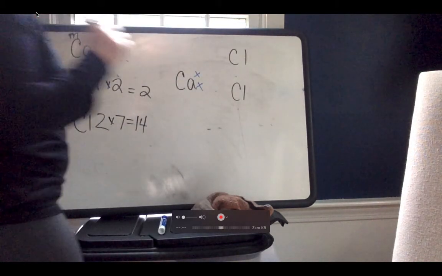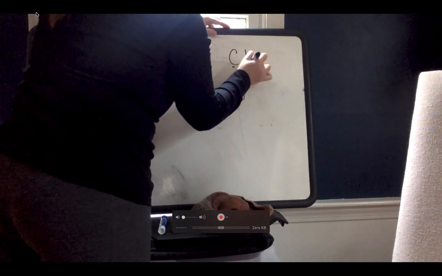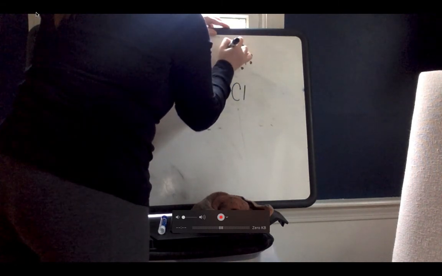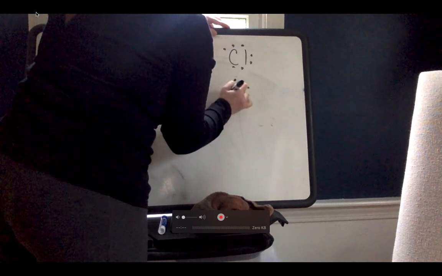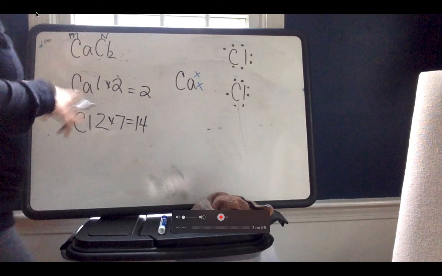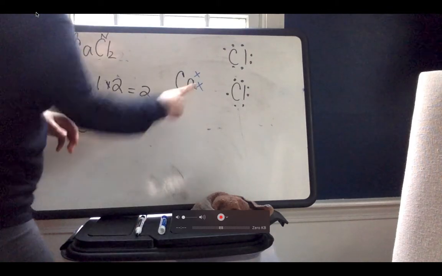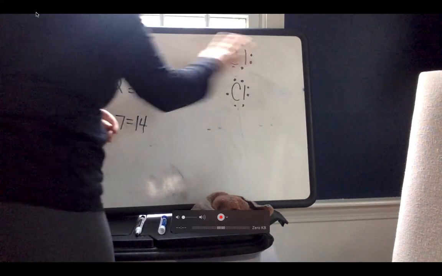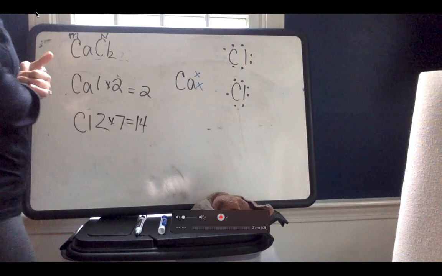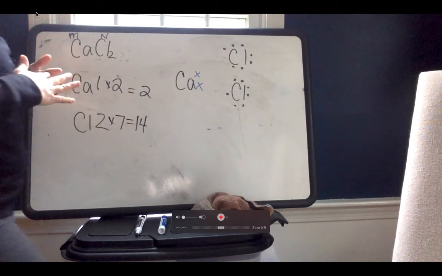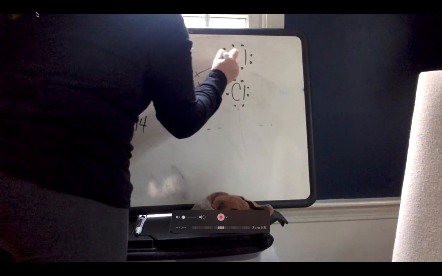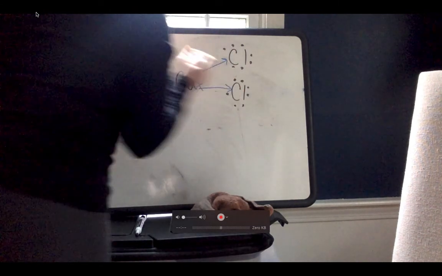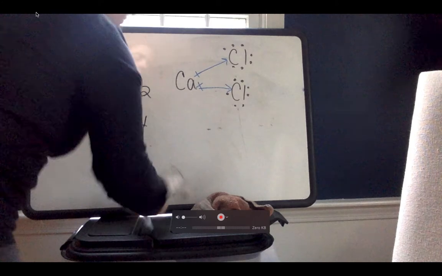Now we said chlorine had 7, so I'm going to put 7 dots around the chlorine. Okay, so we can see that calcium has 2, and each chlorine has 7. So each chlorine still needs 1 more, so it's very easy for the calcium to give 1 to each. Okay, so now we can redraw it.